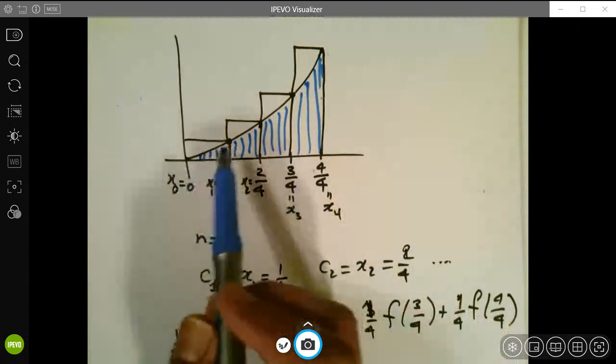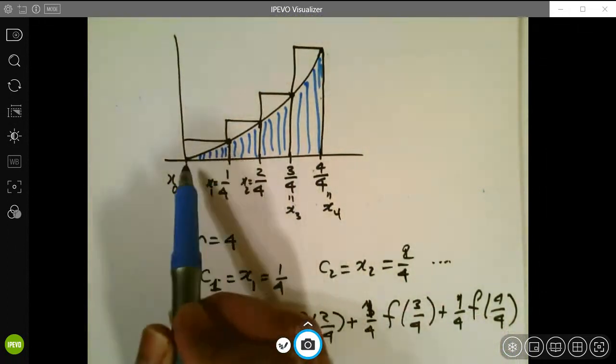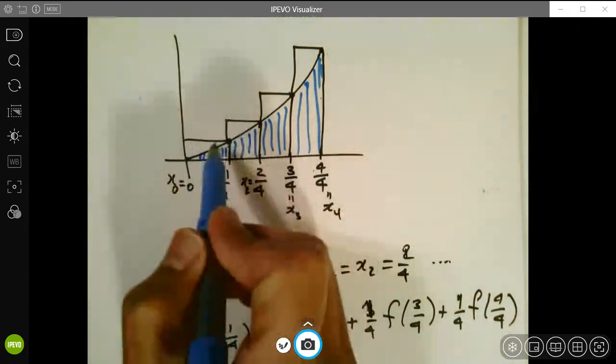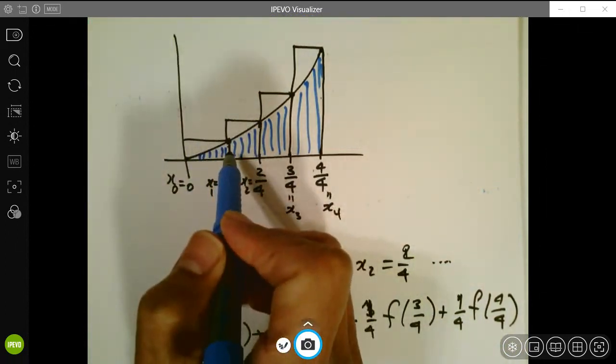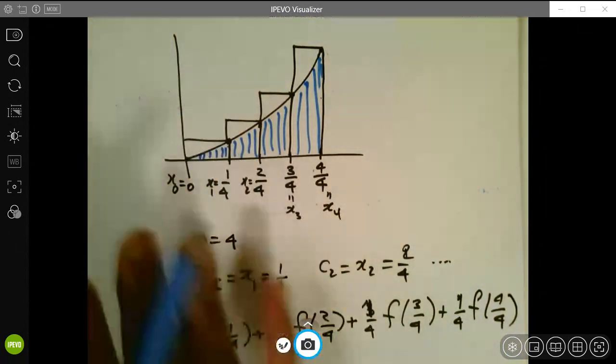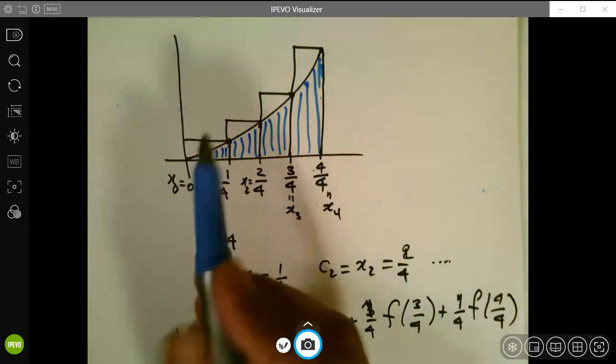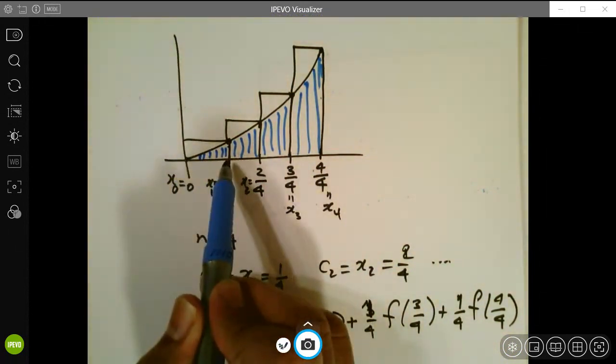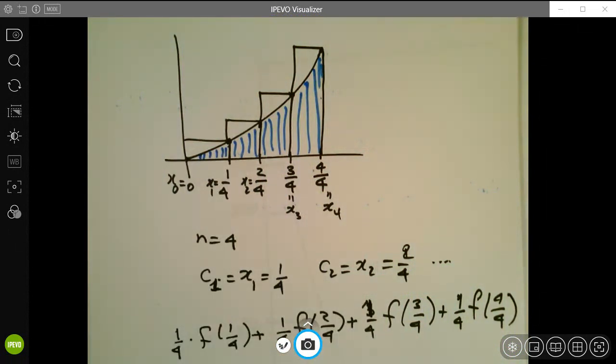So you label them 0, 1/4, 2/4, 3/4, 4/4. Then the easy case is just to take either the left endpoint or the right endpoint, and I'm gonna explain. That's actually Riemann who did that.